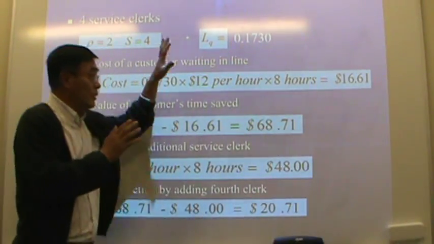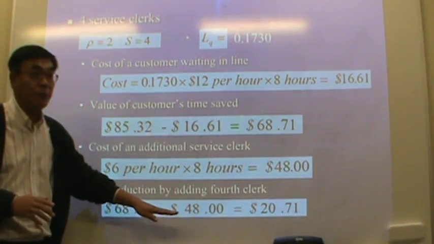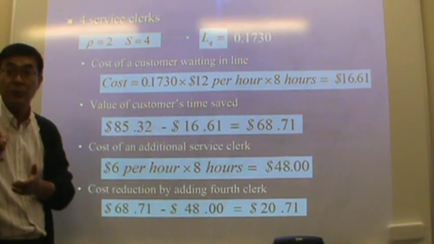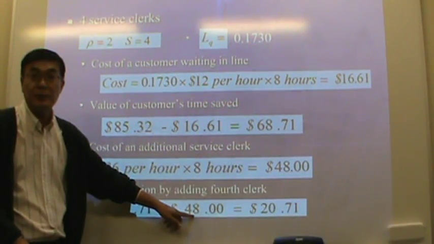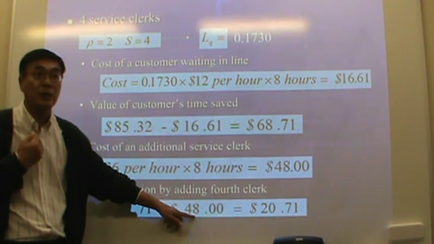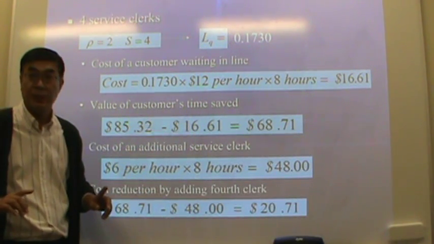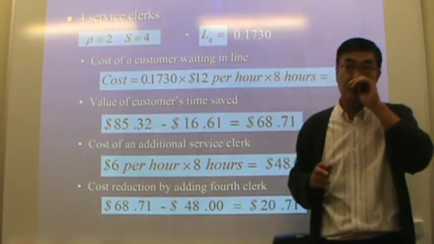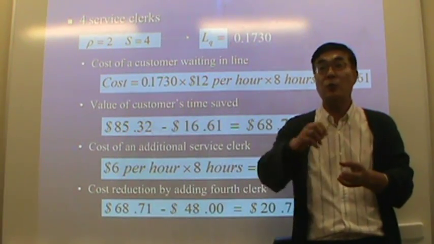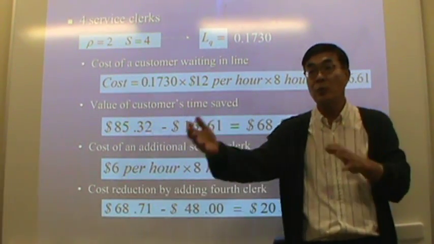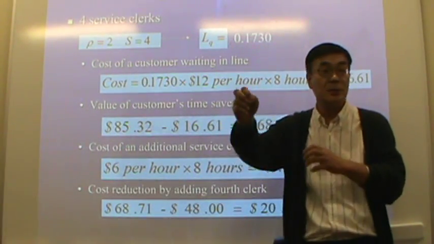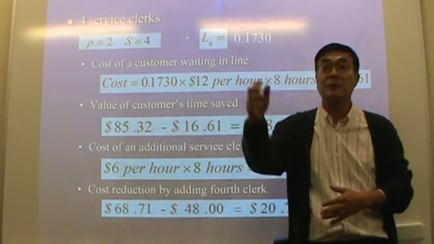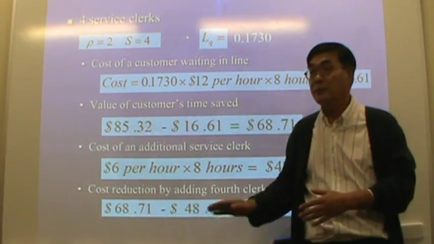After calculating like this, if the result is positive, then our decision is hire one more. If the result is negative, then our decision is don't hire. Make sense? So we use this model 3 to determine whether we hire one more or open one more cash register based on cost and savings and so on. Result positive, hire; negative, don't hire.